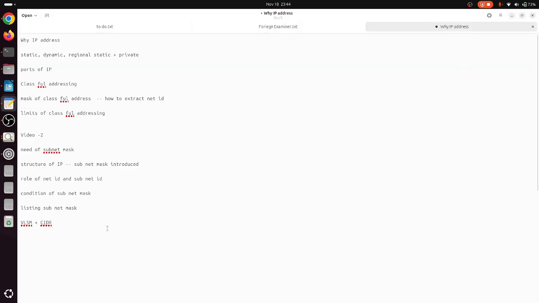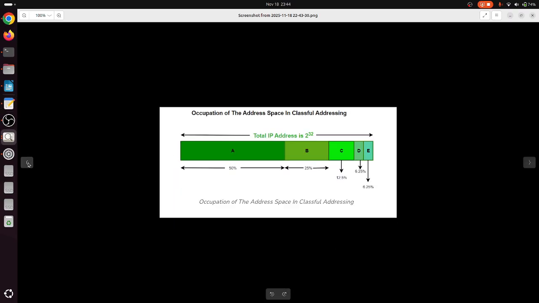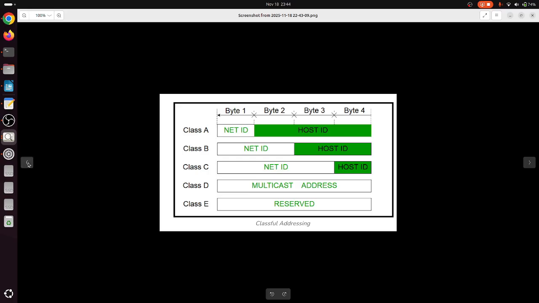So looking back, I spoke about classful addressing, and then we spoke about the mask. When we come to the network, I need the net ID alone. Since this is my system, I have been accessing the internet.